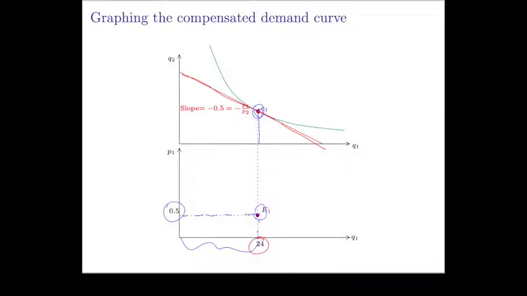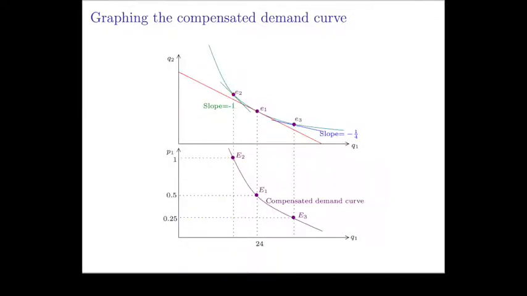Now, if we want to find compensated demand, what we're going to do is say, let's see what happens when the price goes up to 1. If P1 equals 1, then the slope of the budget line is minus P1 over P2, which is minus 1 over 1, which is minus 1.